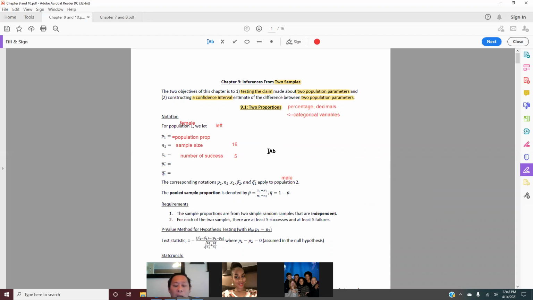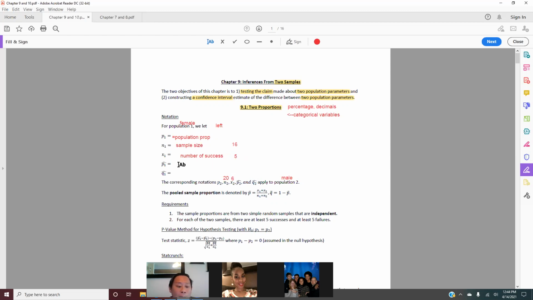Then I do the males. I ask the male group, how many of you guys are left-handed? Let's say we got 6 people out of, let's say, 20 males. Now do not just look at the numbers and figure out, oh yeah, male is more lefty than female. You cannot do that, because the sample size is different.